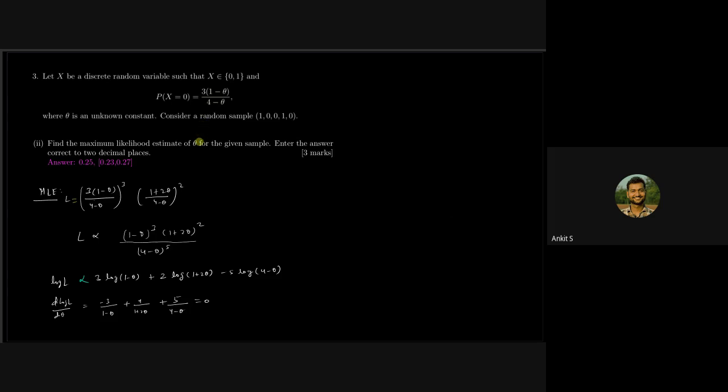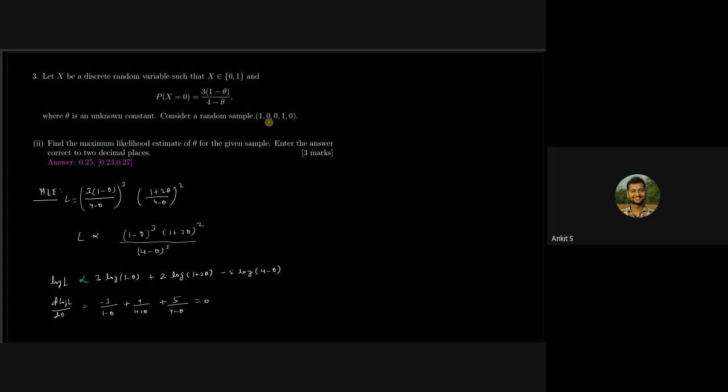So what we will do first is find the likelihood function. We don't know the actual value of theta, but we consider that it is some value theta. This is the sample that we are given, and what is the likelihood of observing the sample? You will just multiply each of the probabilities. What is the probability of getting 1?